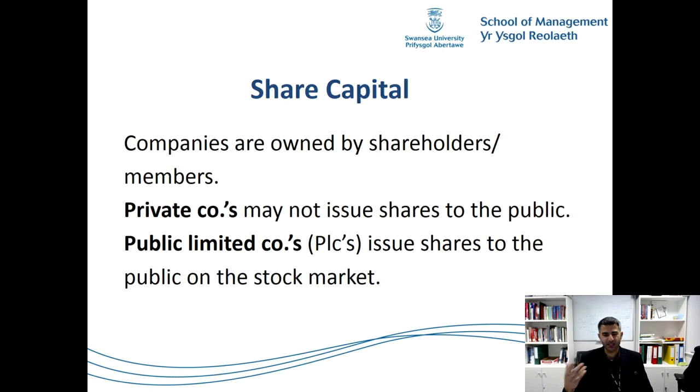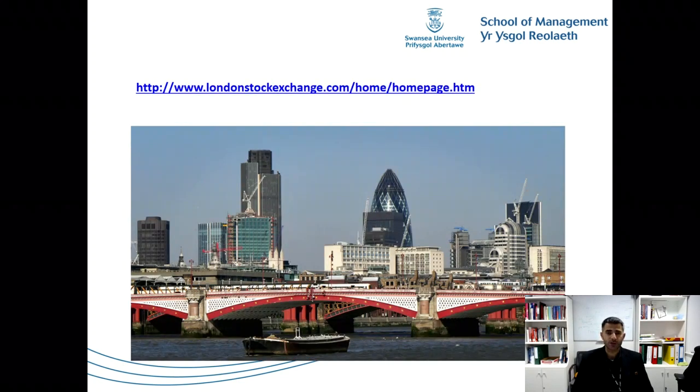They are listed means they are part of the stock market. And if you look at London Stock Exchange, so if you go and have a look there, so you will see a lot of companies there. There is a FTSE 100. FTSE 100 means that the largest 100 companies in the UK in terms of revenue. Yeah, so have a look and learn a little bit about the stock market.